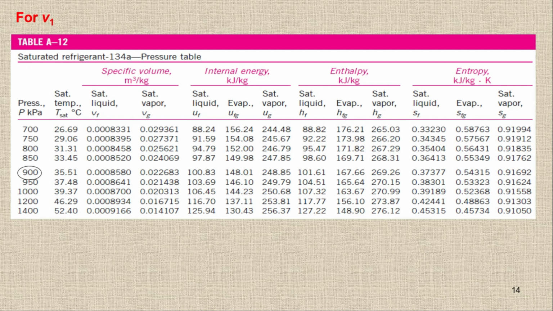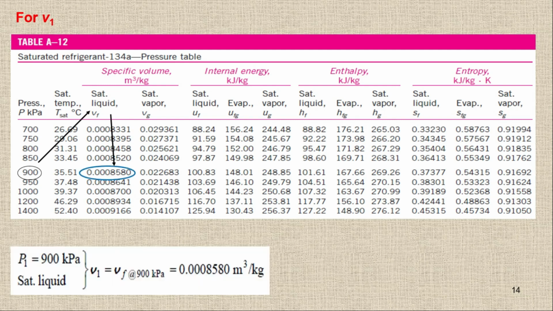In this case we have saturated liquid, so against 900 kilopascal, the saturated volume is equal to 0.008580 meter cube per kg. So this is our V1. V1 is equal to Vf at 900 kilopascal, which is this one, in meter cube per kg.